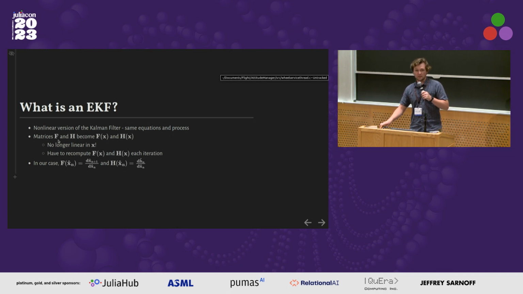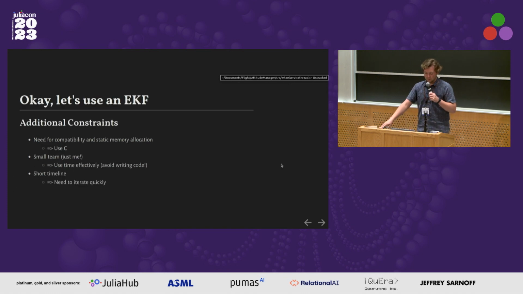And we're going to have to recompute these matrices on each step of the filter. In our case here, big F is the derivative with respect to the current state of the future state, and big H is the derivative with respect to the current state of the predicted measurements.